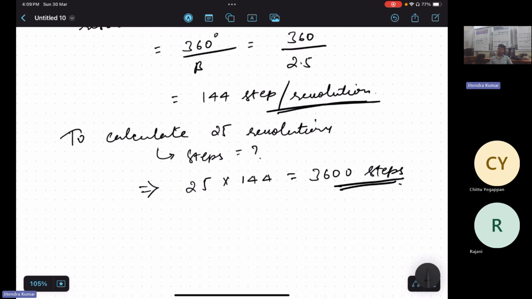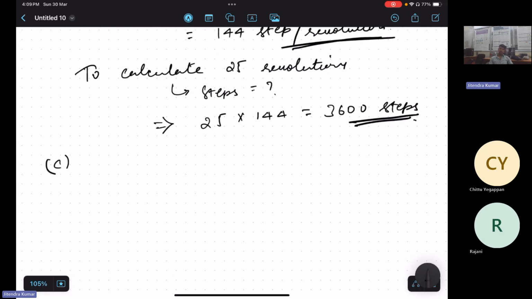And the next part is how much should be the shaft speed if the stepping frequency is 3600.